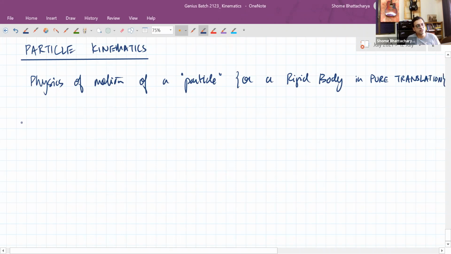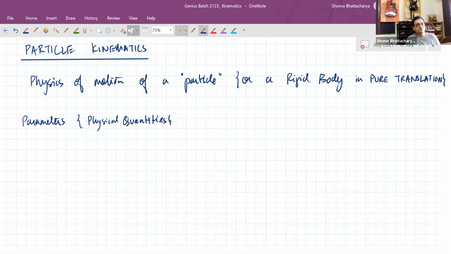So the first thing is to understand the parameters, that is the physical quantities that describe the motion. And physical quantities are something we have understood a long time back. They are quantities that can be measured. Okay. So the physical parameters or the physical quantities, the first one is position.